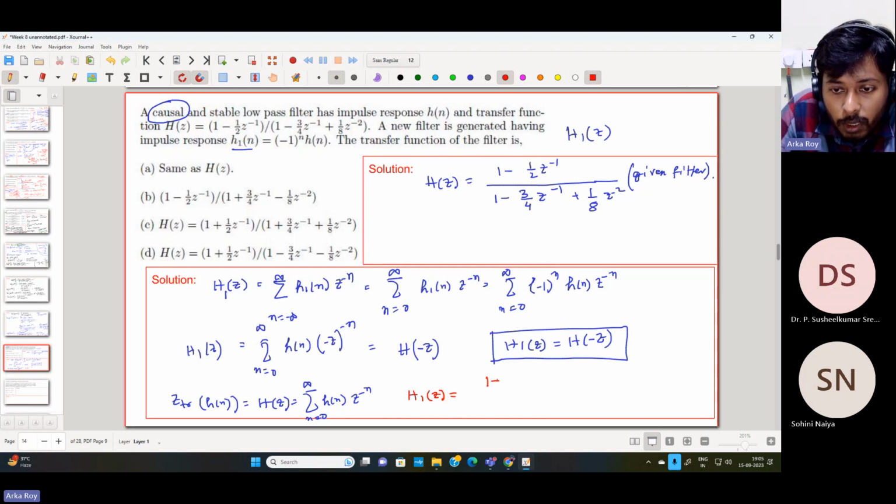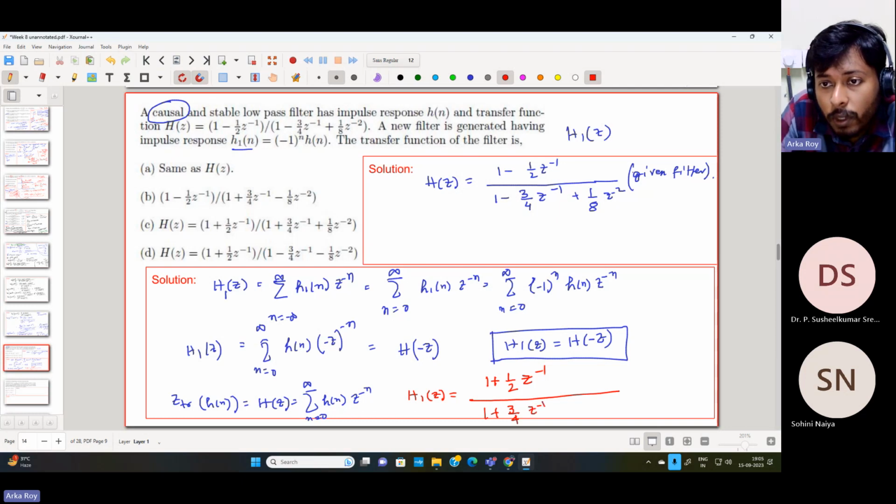So therefore it would be 1 plus half z inverse, okay, then 1 plus 3 by 4 z inverse. Over here, z to the power minus 2 means an even power is there, so even if I put minus z, the outcome will be positive only. So it would be plus 1 upon 8 z to the power minus 2. So this is what the transfer function looks like for the newly generated filter.